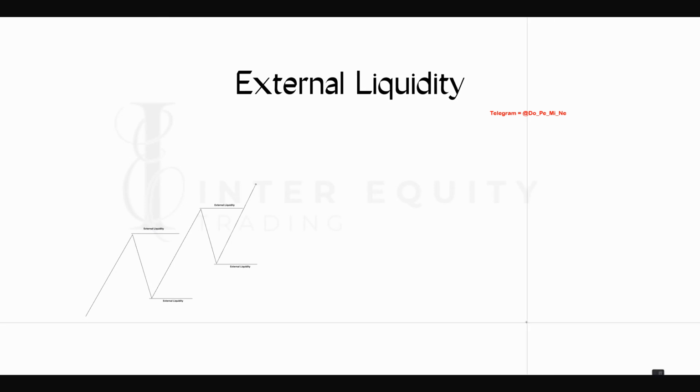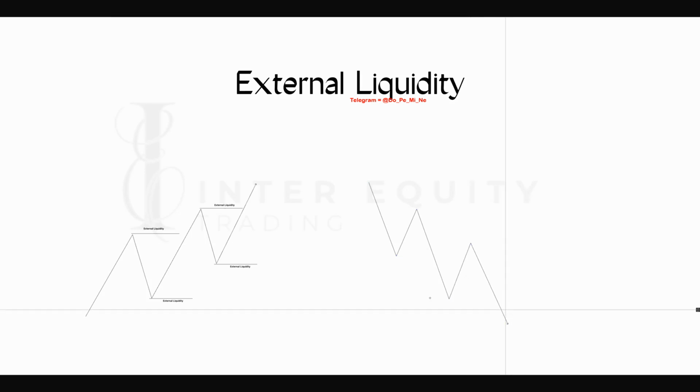Same thing goes for a bearish scenario. A bearish scenario is when price is creating lower lows and lower highs. So your external liquidity are basically your range highs and lows.